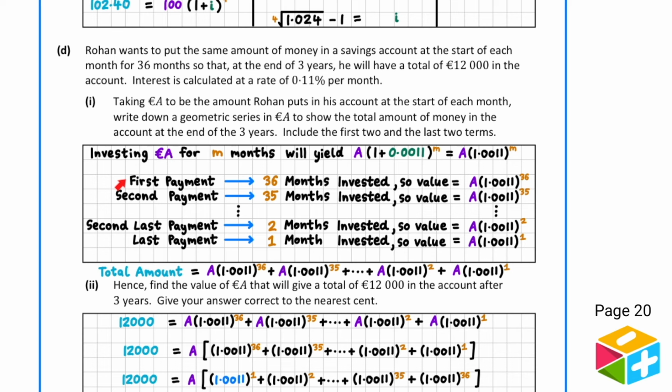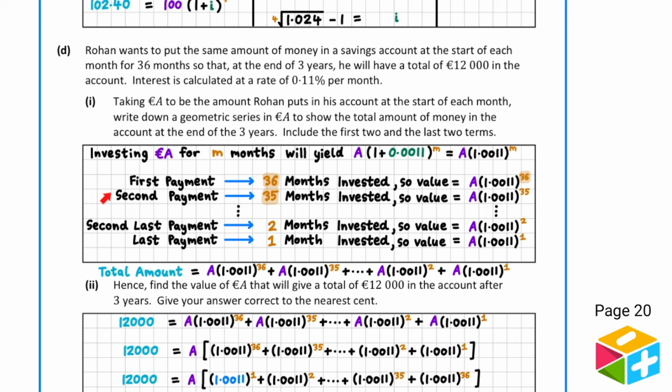The first payment that Rowan puts into the savings account gets invested for the full 36-month period. So at the end, its value will be A times 1.0011 to the power of 36. The second payment, which he makes at the beginning of the second month, will only be invested for 35 months.